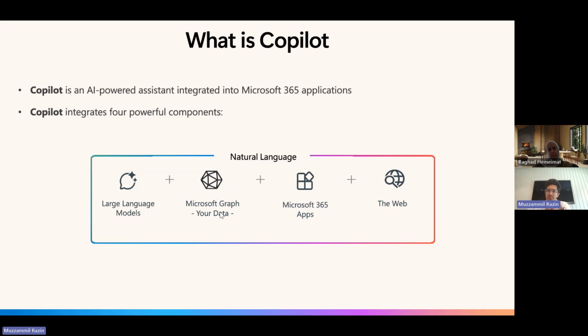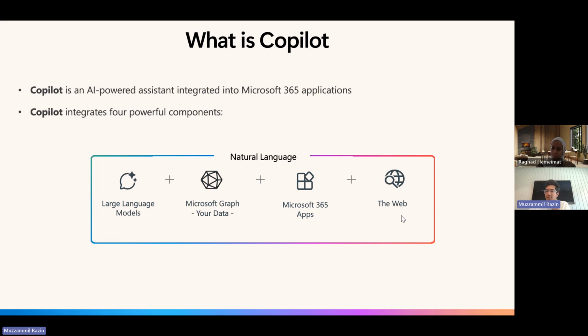which is distinctively unique when you consider other AI tools. And the third component, as I mentioned earlier, is the M365 suite of applications. Inside your Word, Excel, PowerPoint, Outlook, Teams meetings, anywhere within the Microsoft suite of applications, you can find your Copilot. That is one of the unique strengths of Copilot when you consider other AI tools.